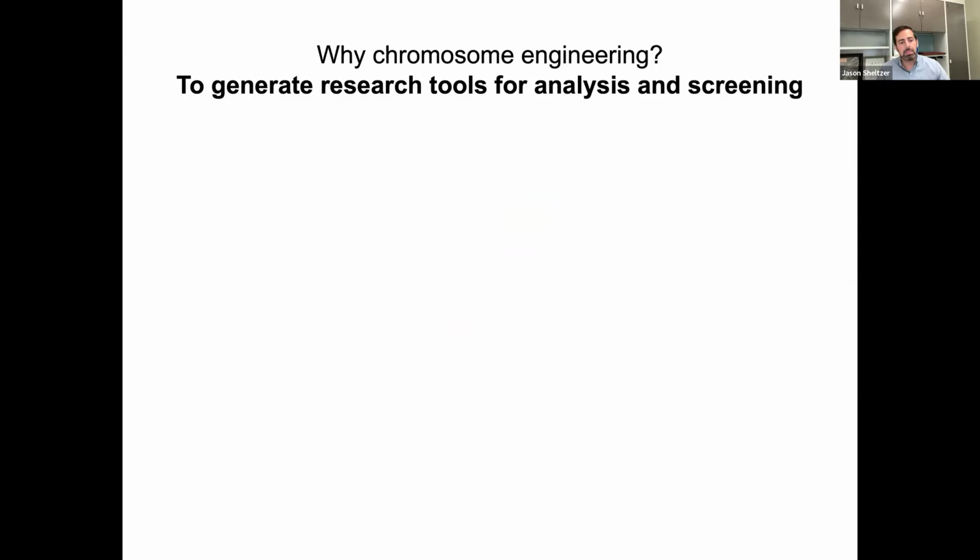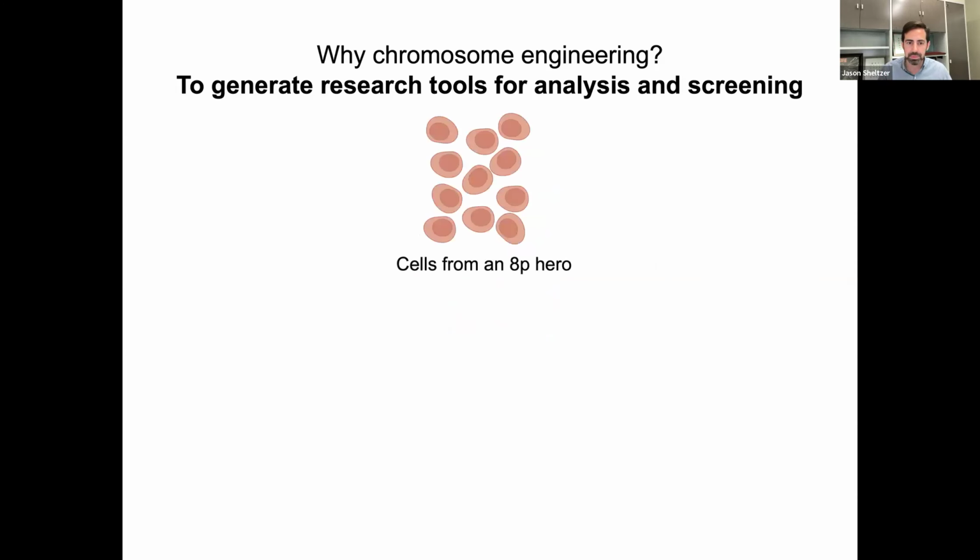So as an alternate approach, as a way to potentially solve this problem, what we set out to do is to try to create genetically matched cells that either have or lack the rearrangement on chromosome 8. So we can have cells from an 8p hero.